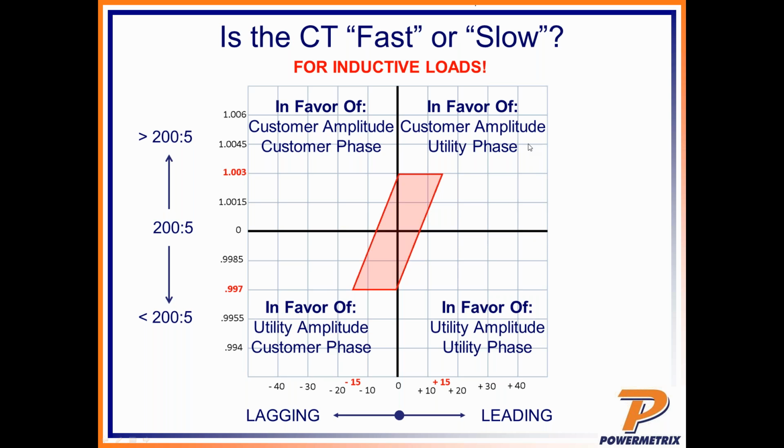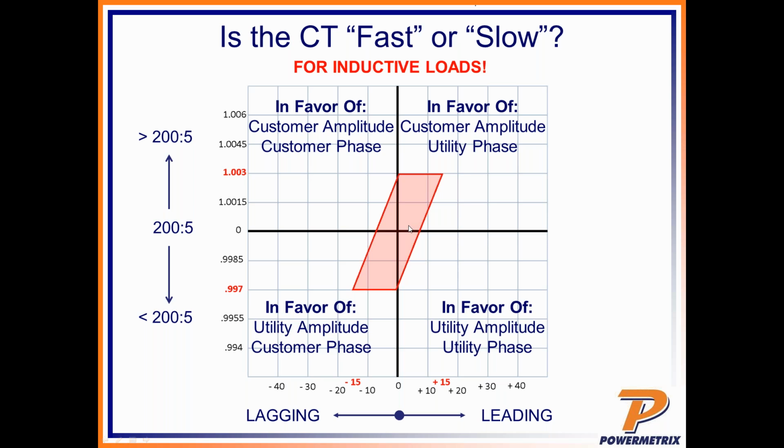So if you look at up here in this quadrant where we kind of normally are, right? We're moving this direction with the ratio, and that is in the customer's favor for amplitude, right? As that happens, we're allowed more leading power factor between primary and secondary current, and that's actually in the utility's favor, okay?